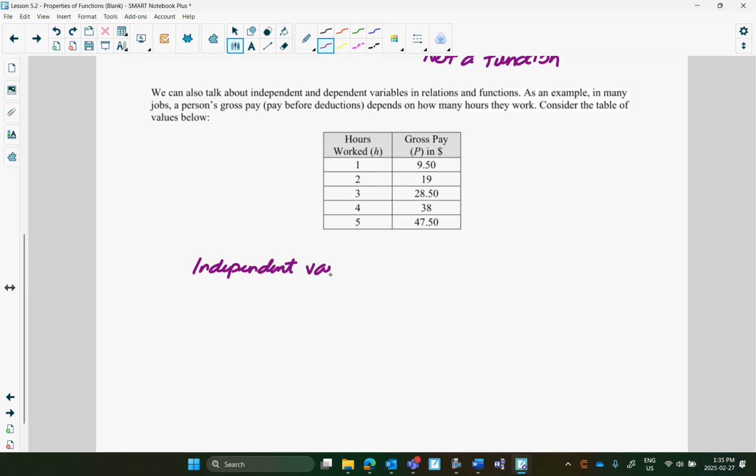So the independent variable is hours worked, and all the hours that are listed would be the domain. The dependent variable would be the gross pay.